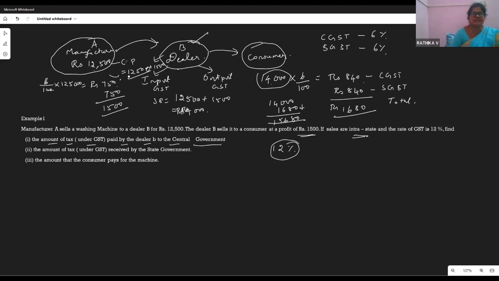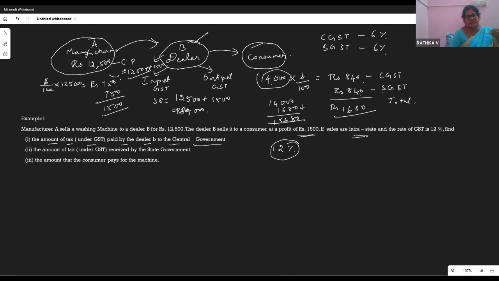Here he paid 750, but he is collecting 840 for CGST and 840 for SGST from the consumer. So how much will the dealer be paying to the government? No, I think you are not getting it.